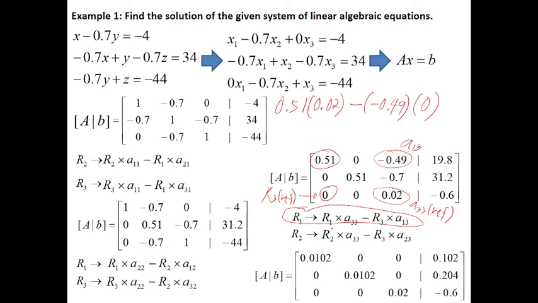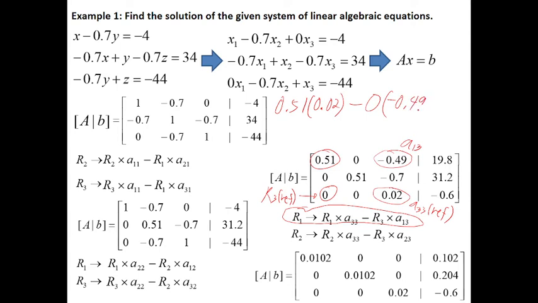Check natin. 0.51, R1 first element, times A33, which is 0.02, minus R3 first element, which is 0, multiplied by A13, negative 0.49.